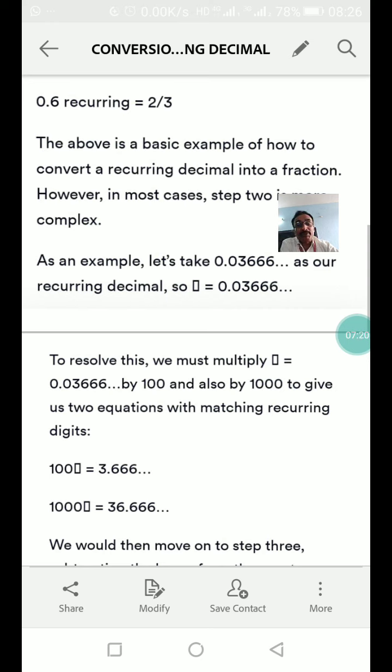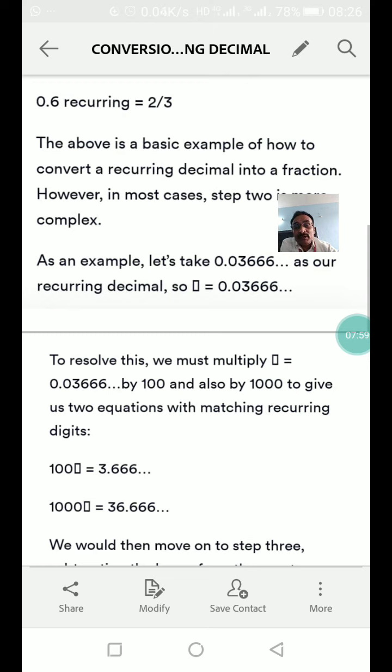To resolve this, we must multiply x equal to 0.03666 by 100, because 0 is in the tenth place and 3 in the hundredth place. After the hundredth place, the digit 6 is repeating. So we multiply x equal to 0.03666 by 100 and also by 1000 to give us two equations with matching recurring digits.